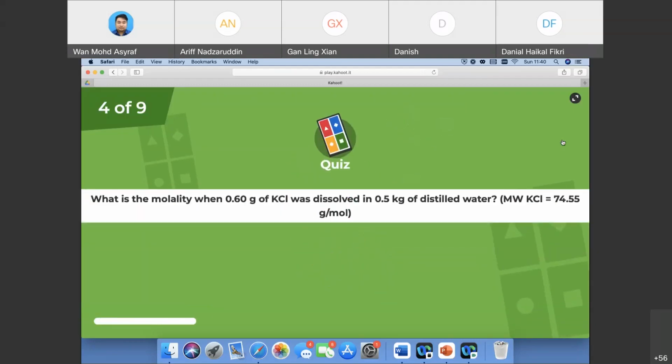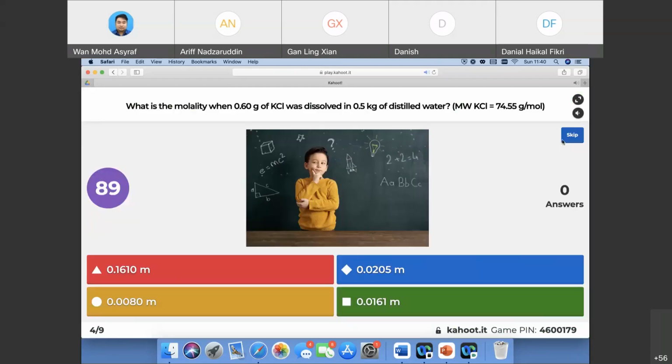So, next question. Another quiz. Okay, what is the molality? When 0.6 gram of KCl was dissolved in 0.5 kilogram of distilled water.